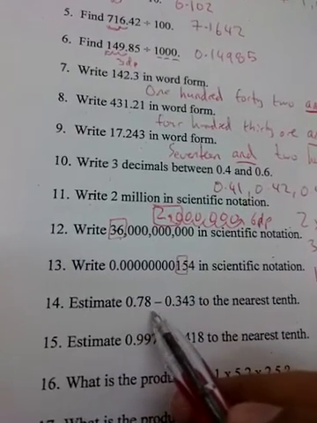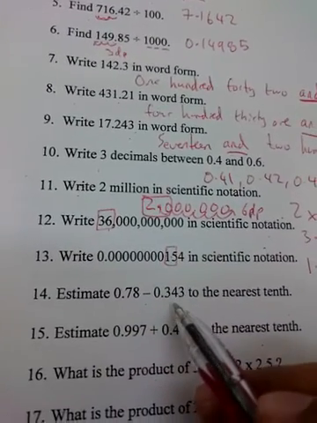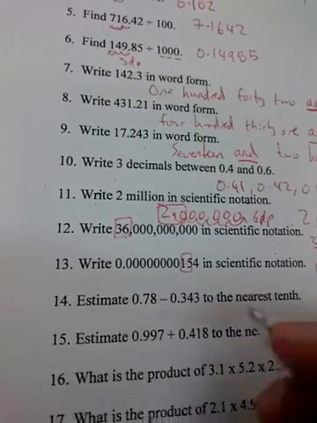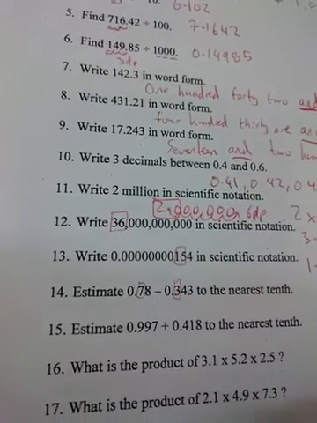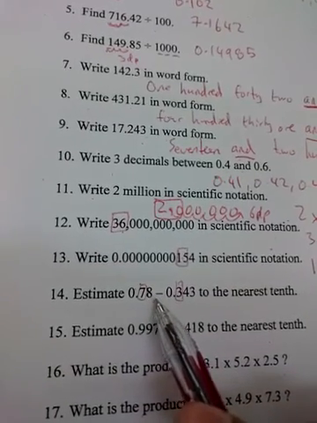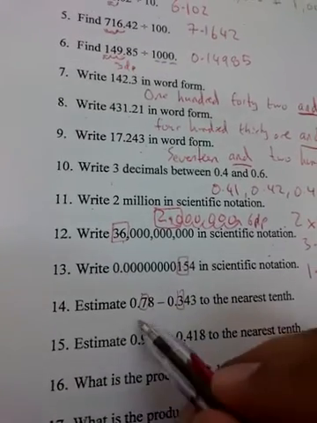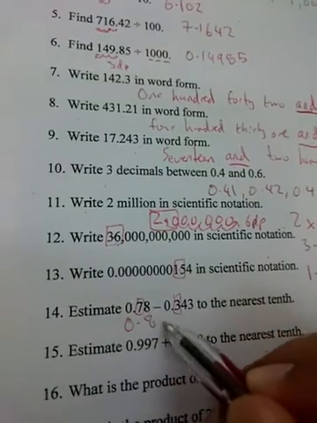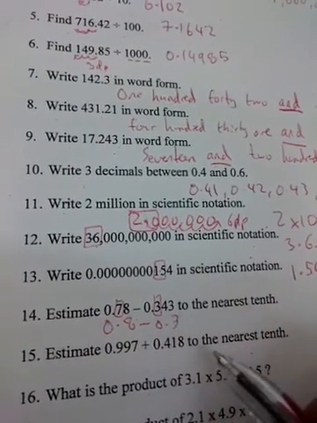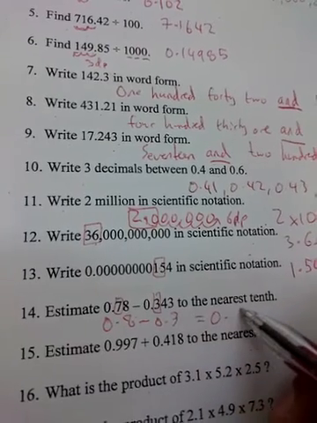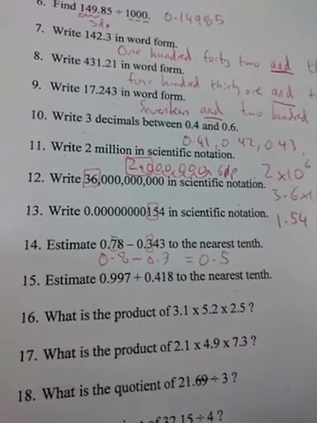Estimate 0.78 minus 0.343 to the nearest tenth. Well, the nearest tenth is this value. So we need to round the number after up or down. So this becomes 0.8 minus 0.3, which gives us 0.5.